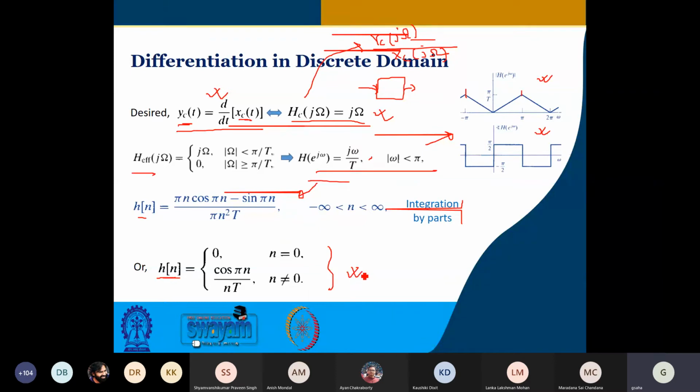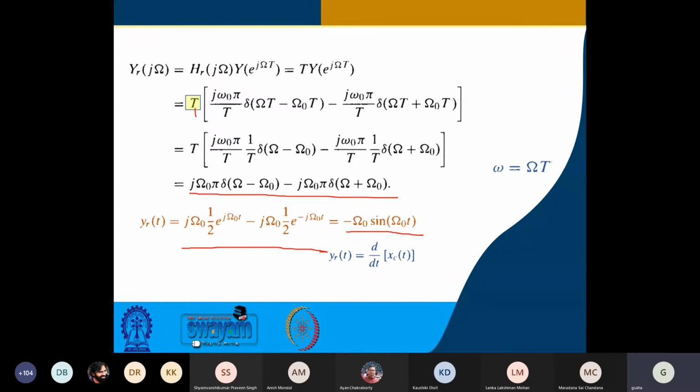If you are able to do that, as best as you can, it will be as good a differentiator as possible. Is this understood? If you have any question, please ask.